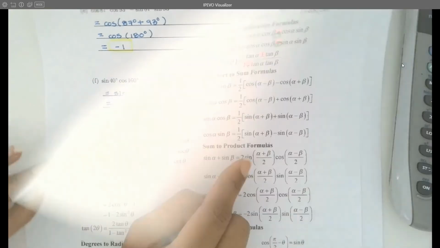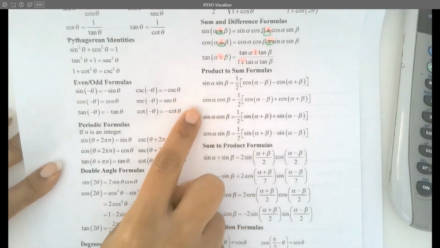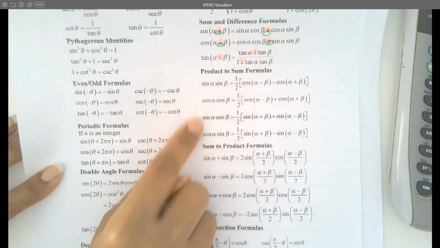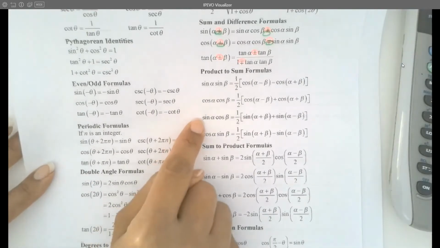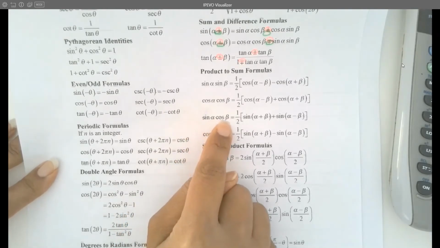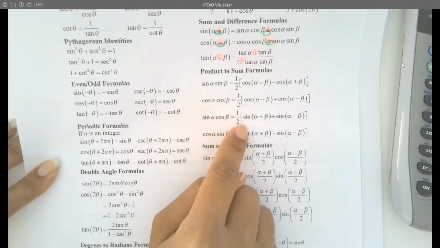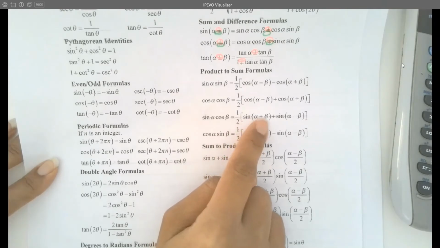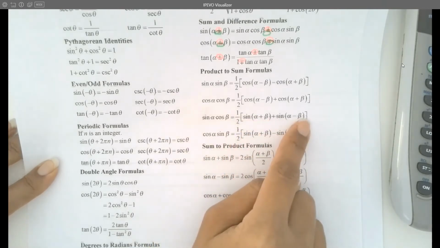We have sine times cosine, and if you look at the third product to sum formula, we have sine of an angle times cosine of an angle equals 1/2 times sine of the sum of the two angles plus sine of the difference of the two angles.